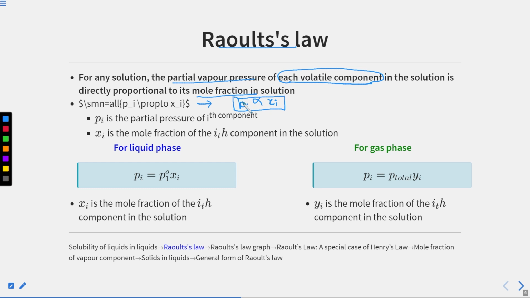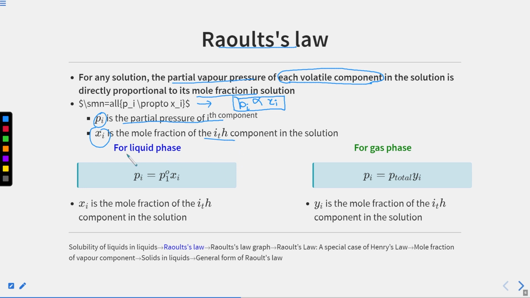It says that the partial pressure of each volatile component is directly proportional to its mole fraction in solution. Xi is the mole fraction in the solution, and Pi is the vapor pressure of the vapor phase that we have seen earlier, right? Pi is the partial pressure of the ith component, and Xi is the mole fraction of the ith component.